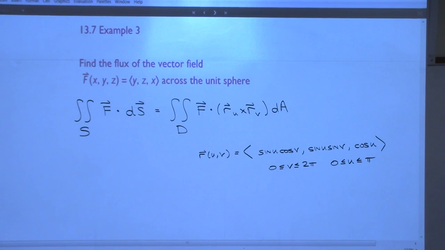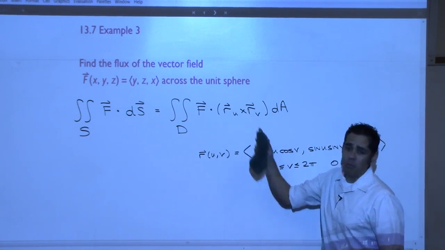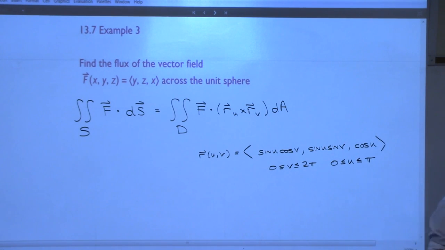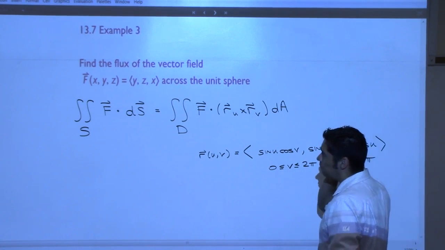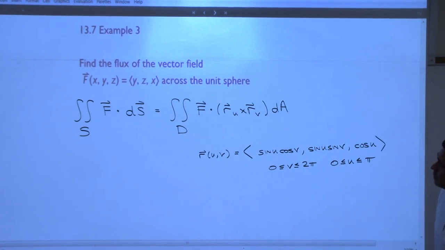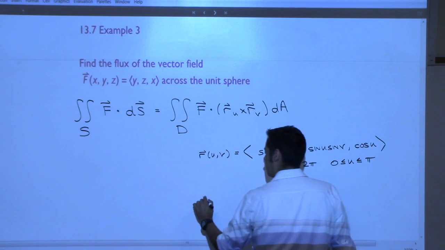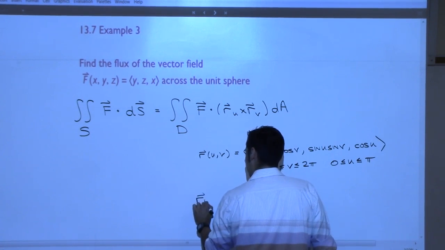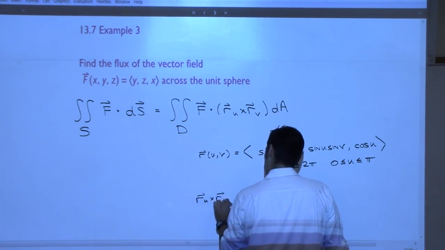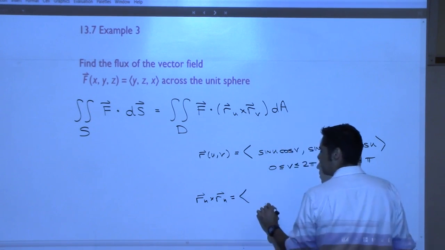Yep. All right. We did earlier the cross product. We did the magnitude of it, but see, this time we don't need the magnitude. So what is the cross product of those two? Okay, hold on. It's a vector, right?